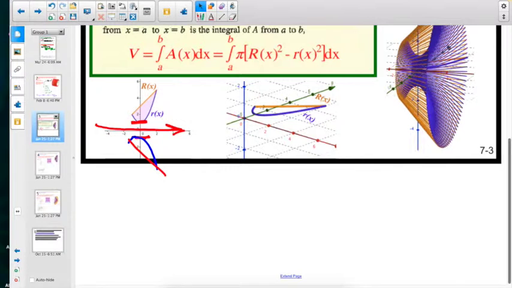So we're going to take a look at those two functions, and like I said, we're going to revolve them around two different axes, the x-axis and then a line. I think I picked y equals 5, so right at the tip of that shape.